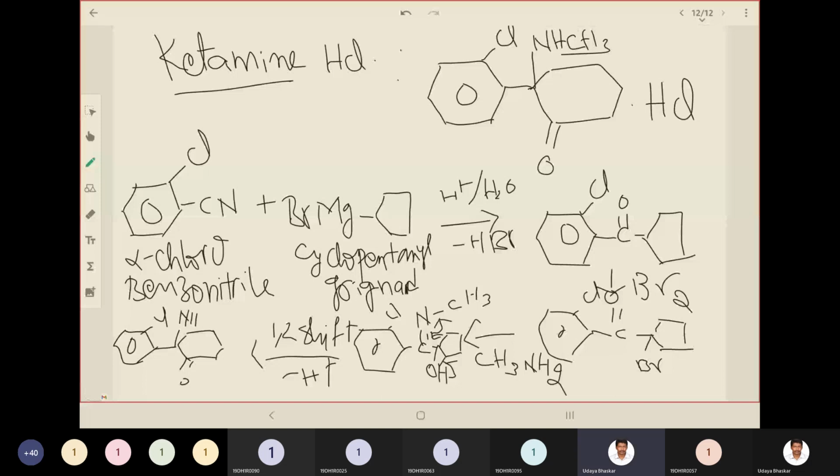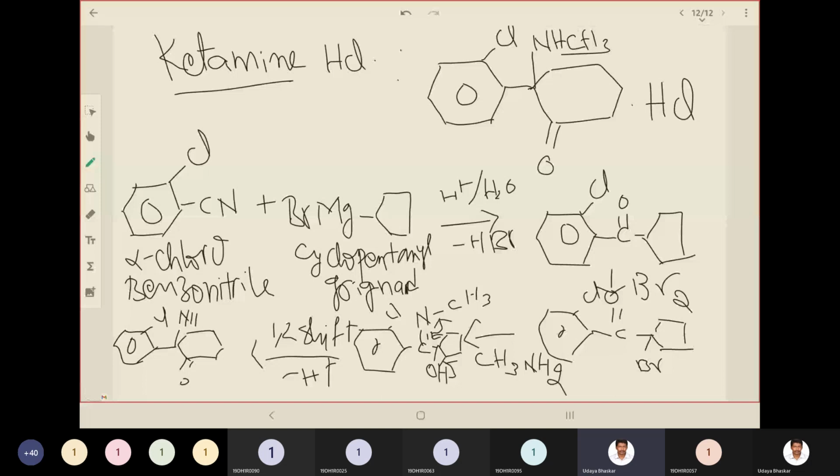So what is happening? First, alpha chlorobenzonitrile is reacted with Grignard, where we are taking advantage of cyclopentyl, and carbonyl and cyclopentyl come in. There we are brominating. After brominating, we are adding methylamine, where methylamine gets attached and bromine will be replaced with the OH group. Here at this position, 1,2 shift happens where the cyclopentyl ring will be expanded to a cyclohexyl ring, and the OH will be converted into carbonyl.